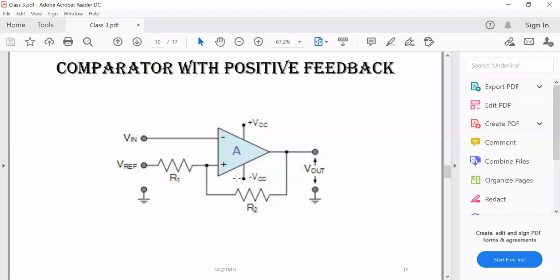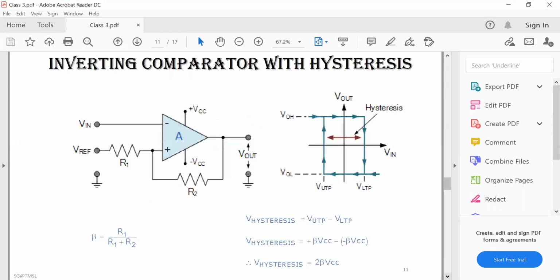Now this hysteresis is produced also in the Schmitt trigger circuit. Can you remember it? Schmitt trigger circuit. And if it is applied with the hysteresis, it looks like this.